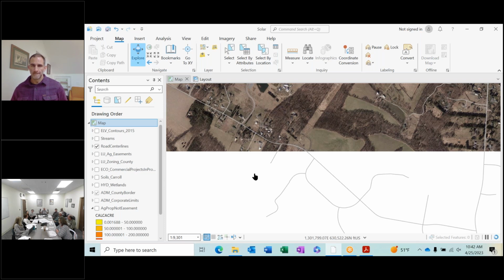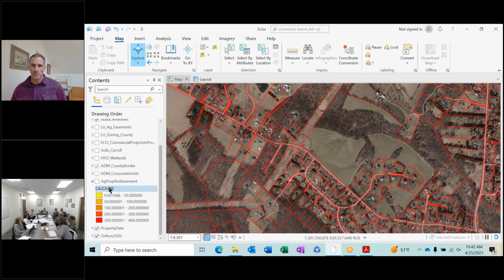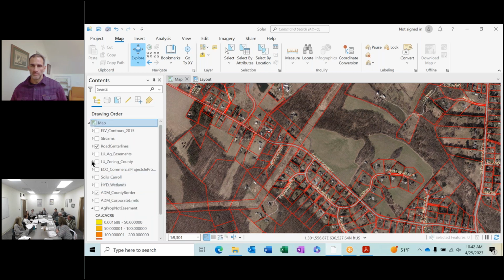So you're talking 6,000 feet, and if you put a circle anywhere in Carroll County and draw it, how many acres would that be? Does anyone know that? It's over a mile in diameter. A square mile is 640 acres. There's not even a property in the county that's that large.